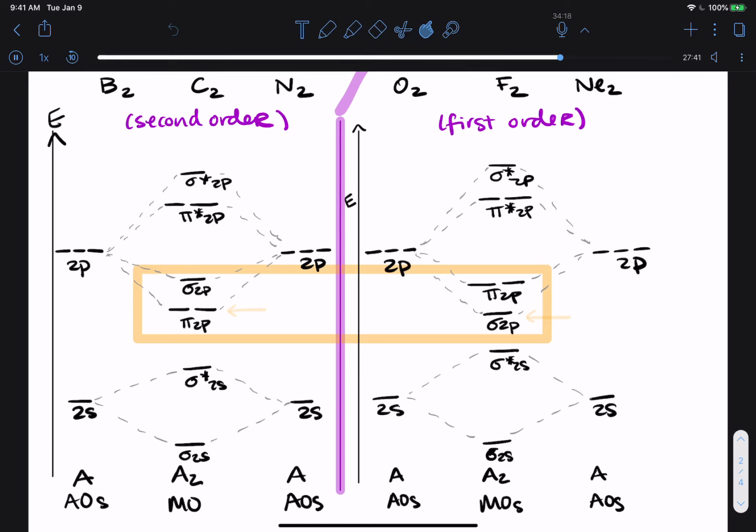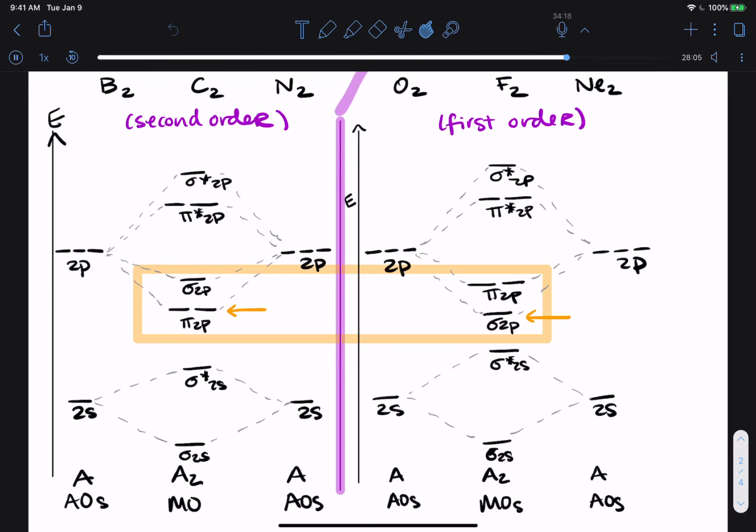A second order diagram means that the pi 2p, which has two levels that are degenerate, is the lowest energy. The second half has a first order diagram, and in a first order diagram, the singular sigma 2p level is the lowest energy.